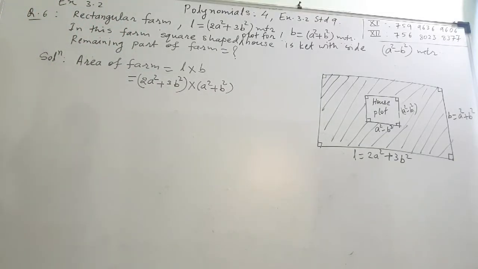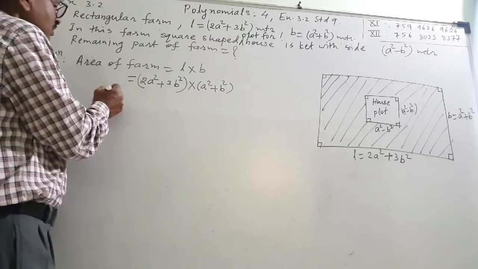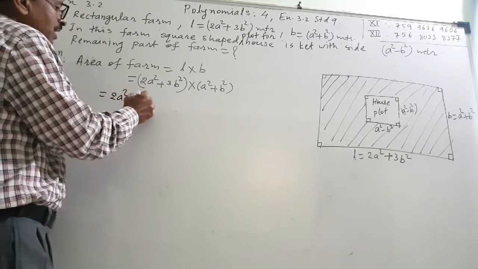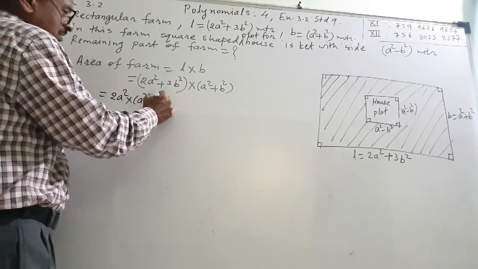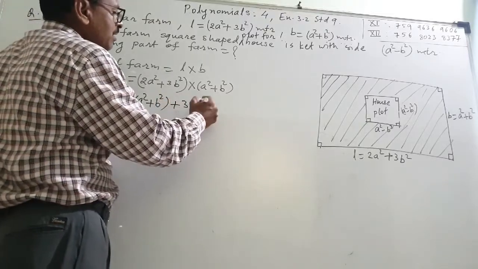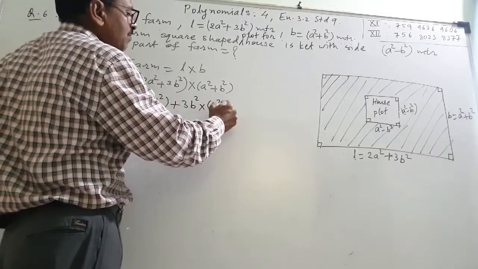I will multiply this, so this is equal to 2a square into a square plus b square plus 3b square into a square plus b square.